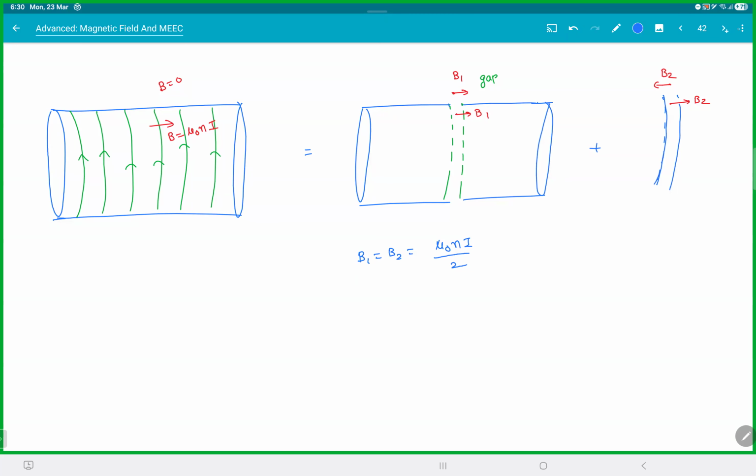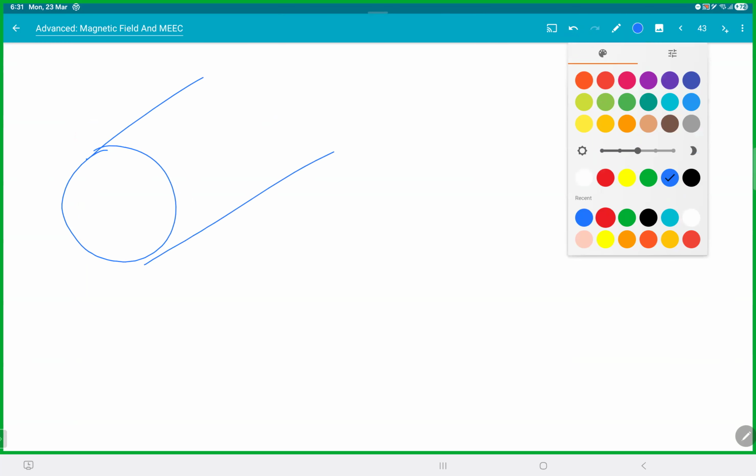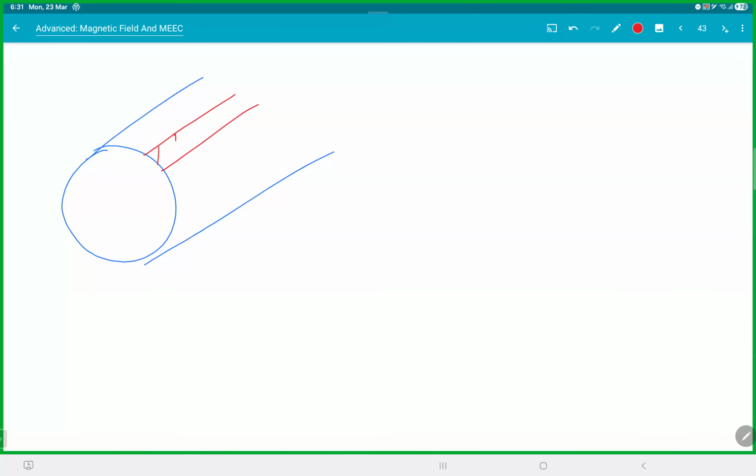So we will take a small strip here. Maybe I'll just draw the side view. We are taking this small strip here. This is d theta, this is r.